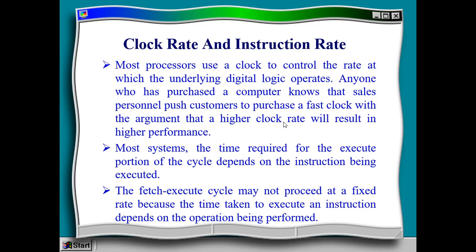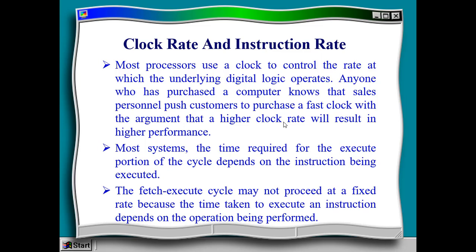A disclaimer though: although a higher clock rate usually means higher processing speed, it is important to realize that the clock rate does not give the rate at which the fetch-execute cycle proceeds. In most systems, the time required for the execute portion of the cycle depends on the instructions being executed.